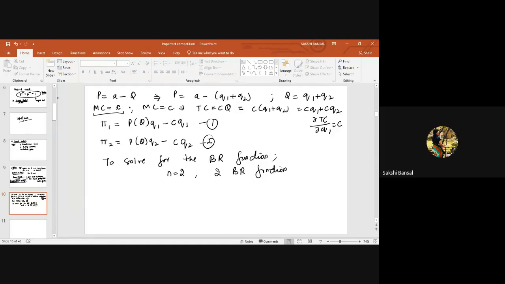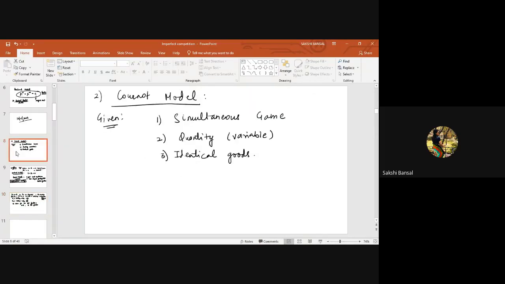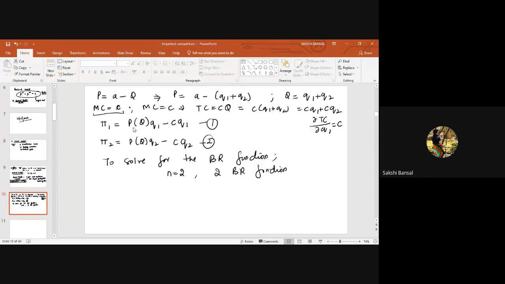I need two equations to find out the unique values of Q1 and Q2. One more thing: here we are taking quantity as a variable, so I have to bring the answer in the form of Q, because I need to find the value of Q. I am fixing the quantity level, not the price.